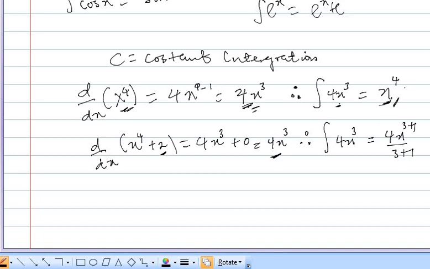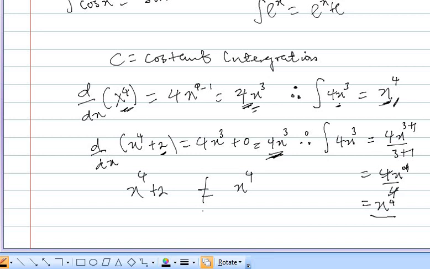So here we can say 4x raised to the power of 4 over 4, and then the 4s cancel and we have x raised to the power of 4. As you see, the reverse process is not the same. The original function is x raised to the power of 4 plus 2, and after we reverse, we get x to the power of 4. So hence it's not equal.